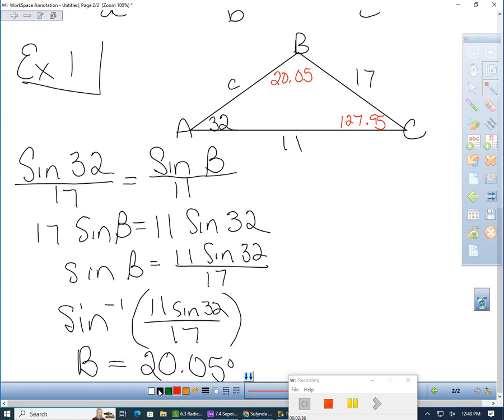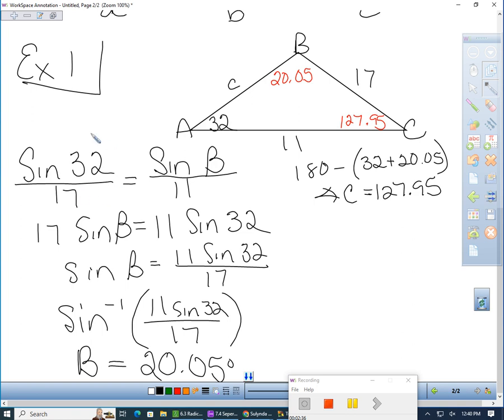All right, so in order to find this third angle, we took 180 and subtracted 32 plus 20.05. And we got angle C to equal 127.95.